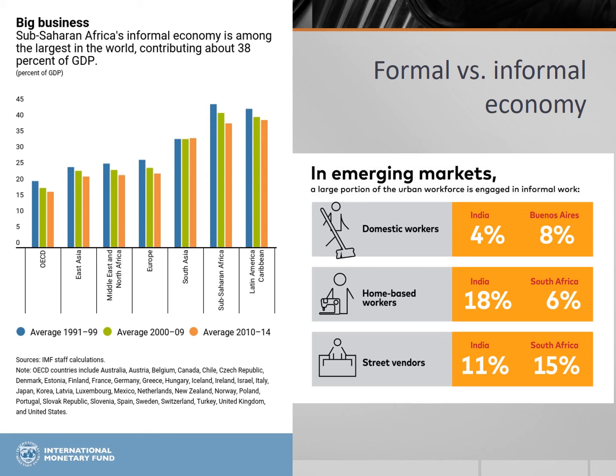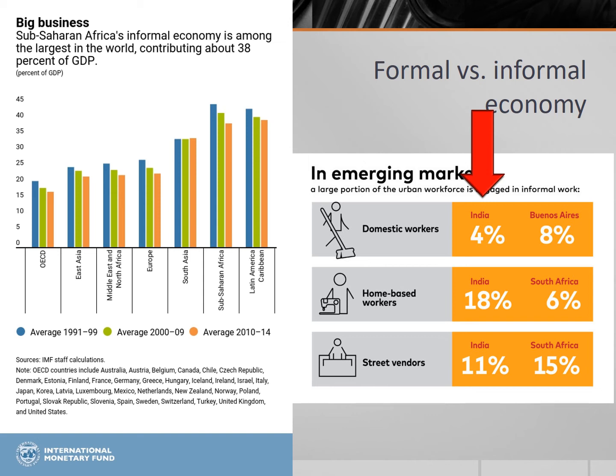Notice that Latin America, Sub-Saharan Africa, and South Asia all contribute over 30% of GDP from the informal economy. So we can see that this is once again a good indicator of development. And lots of people are involved in it. In just one country, India, 33% of their workforce works in just 3 types of informal work.